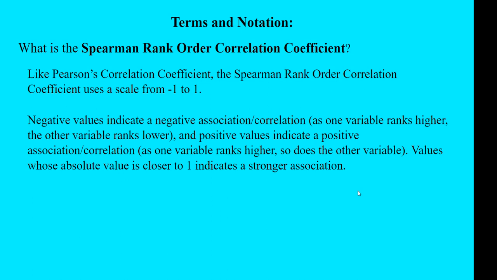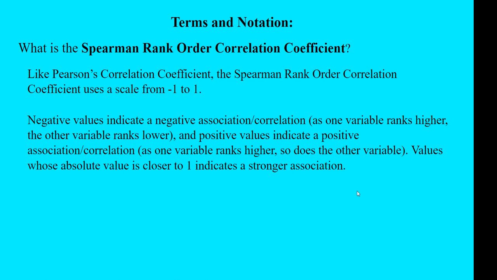As just mentioned, negative values on this correlation coefficient indicate a negative association or correlation, meaning as one variable's rank gets higher, the other variable associated with this data piece ranks lower. And then positive values indicate a positive association or correlation. As we get r sub s values that are close to 1 or close to -1, that's a strong association, a strong relationship that exists.